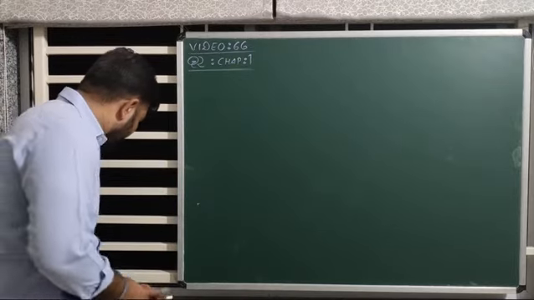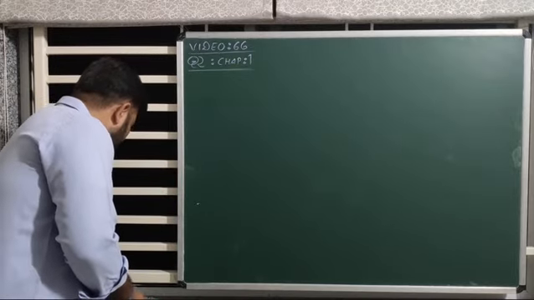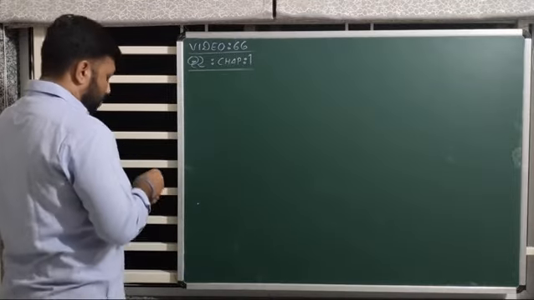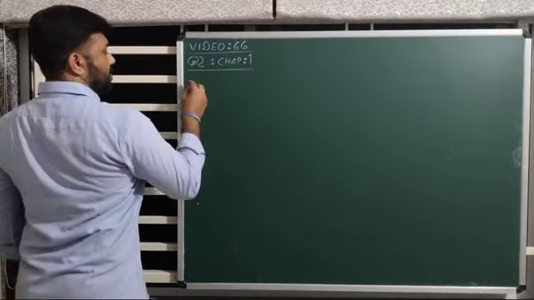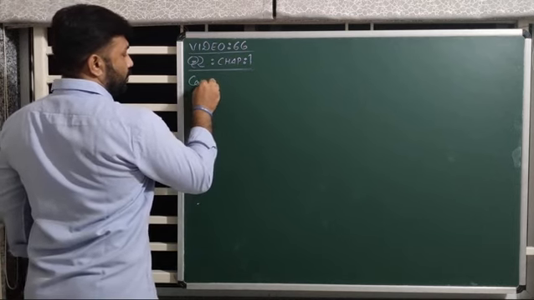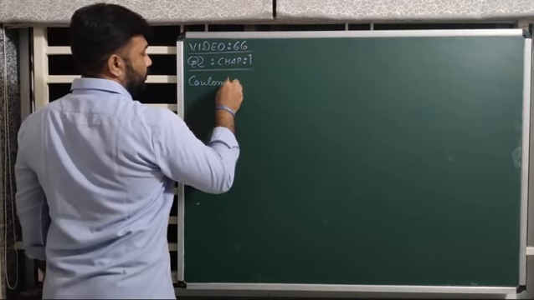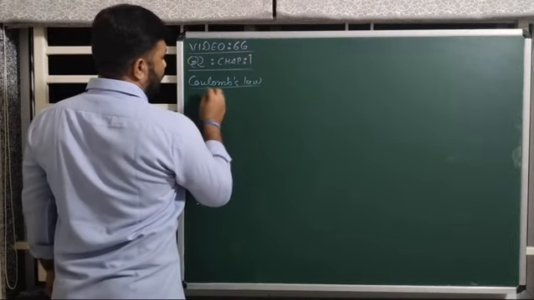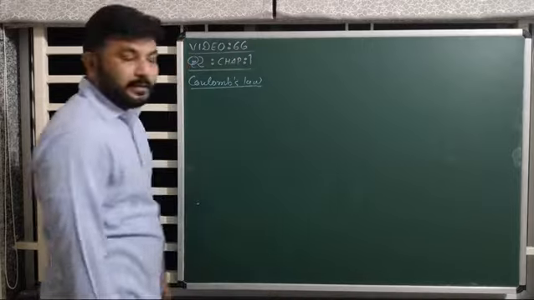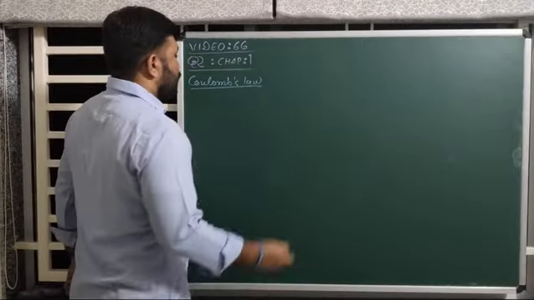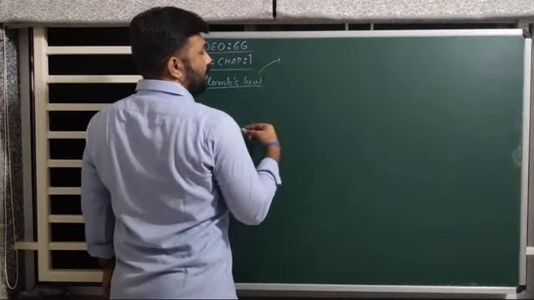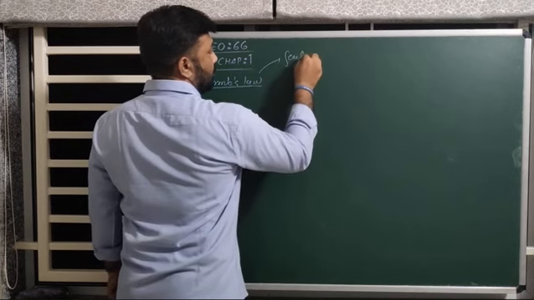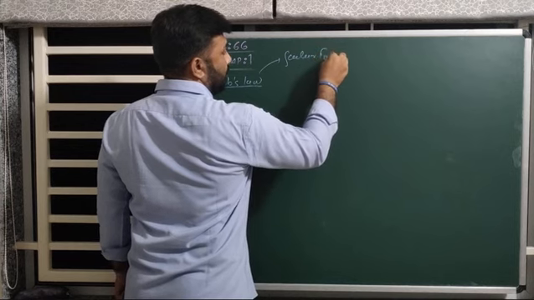Okay? Chapter number 1 starts from one very nice theory, and it is nothing but Coulomb's inverse square law. Coulomb's law. Inverse square law we will discuss afterwards. Coulomb's law we have seen in two forms. Scalar form.